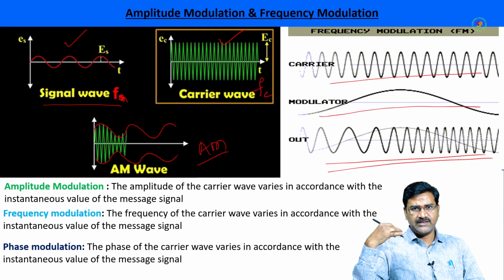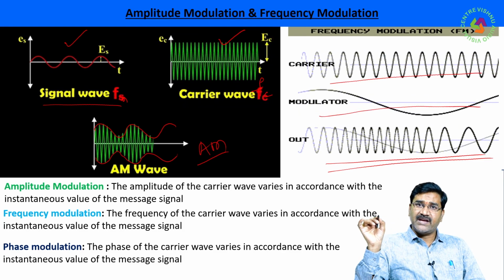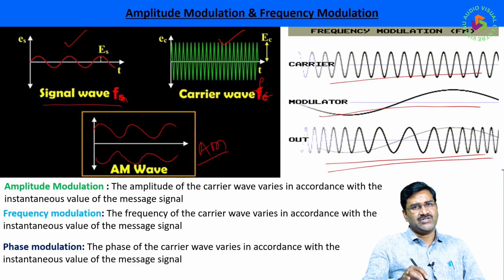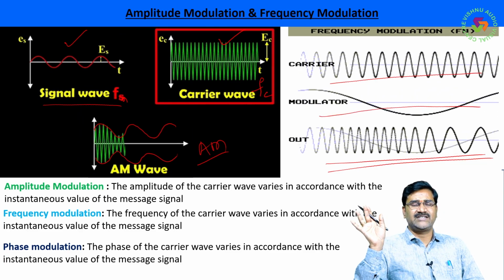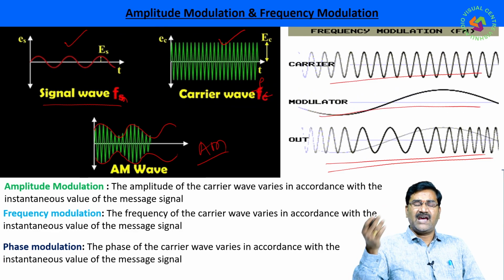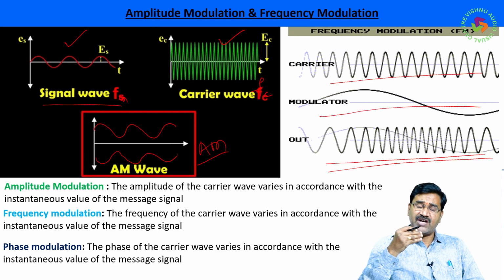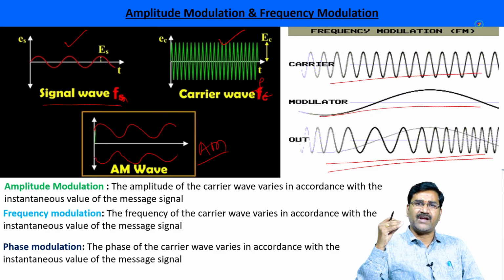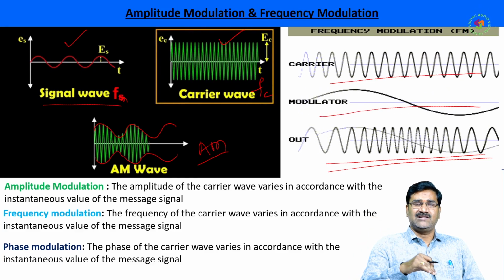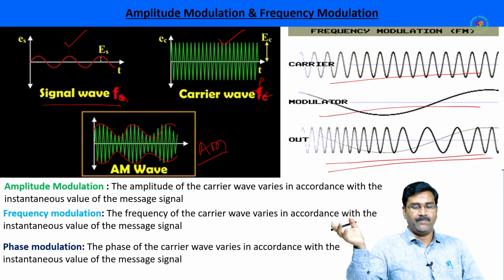So in all these three cases, the parameter of the carrier wave is varied in accordance with the instantaneous value of the message signal. You are not changing the characteristics of the message, you are changing the characteristics of the carrier signal. To transmit your message signal which is at low frequency, I am making use of a carrier of high frequency so that the low frequency modulating signal can be translated to high frequency and can be radiated.